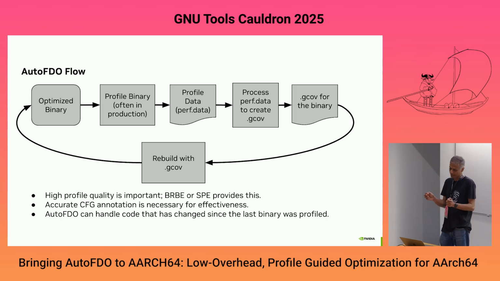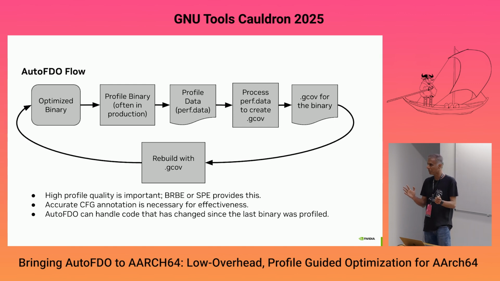So let's say that you profile revision 1 of the application and use that profile to optimize your next release. The profile collection can be done in production using the previous version, and as long as the changes are not too much, this works well.